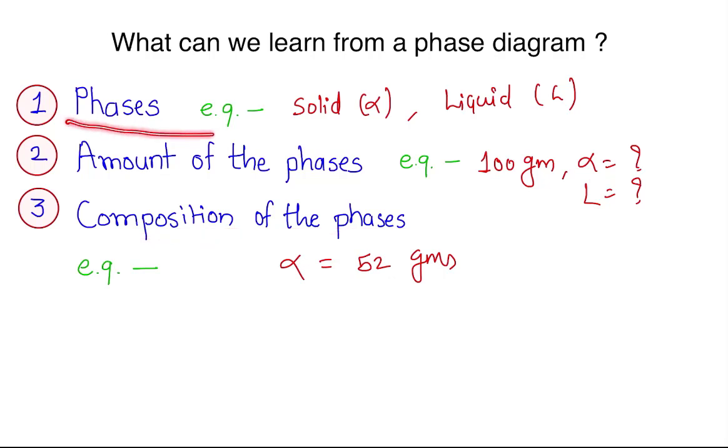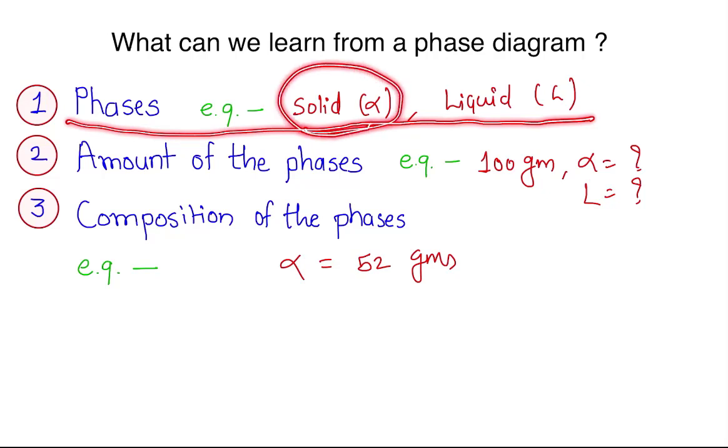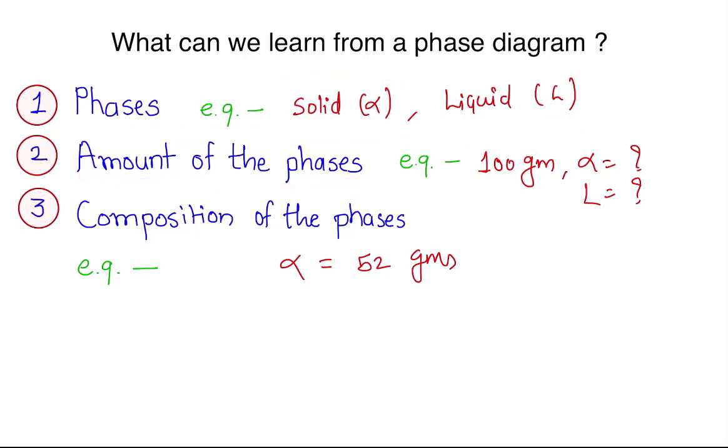So first I can tell you from the phase diagram whether it is solid or liquid. If it is solid, how many grams are in solid form, that we can tell by the amount. And if it is a solid form, since this is binary, how much solid is nickel and how much solid is copper, that we can tell by the composition.